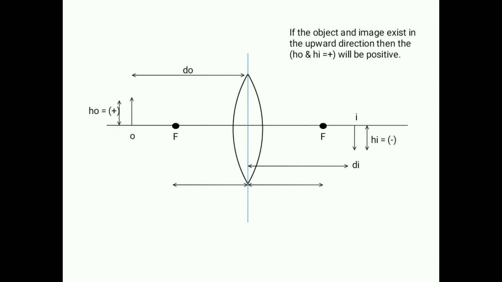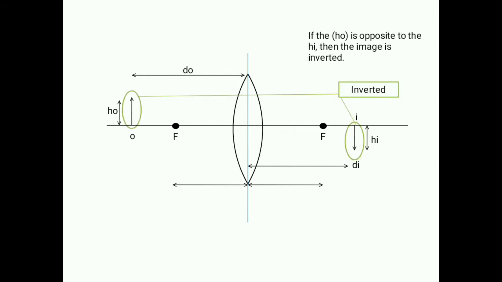Now remember, if the object and image exist in an upward direction, then the height of the object or the height of the image will always be positive. But notice that if we have a downward image, our HI will be negative.